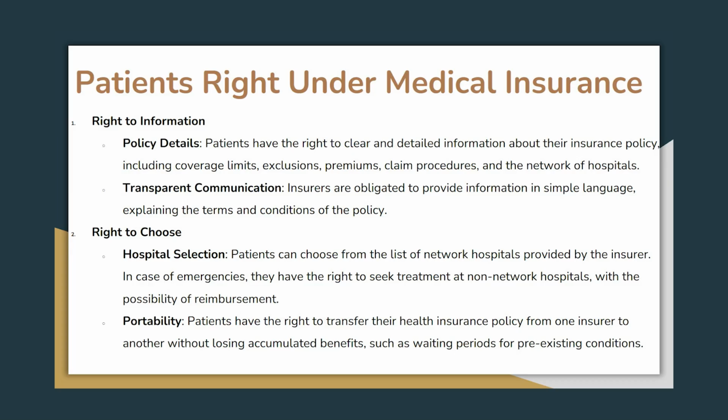So it is the responsibility of the policy providers and the company to explain everything in detail, including the claim procedure mechanisms and where the benefit can be taken, which are called network hospitals. Every piece of information is to be provided by the policy providers.